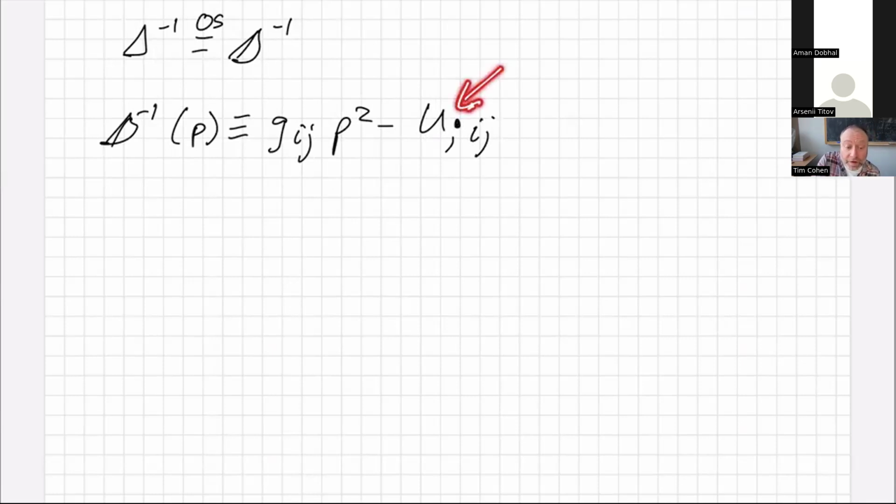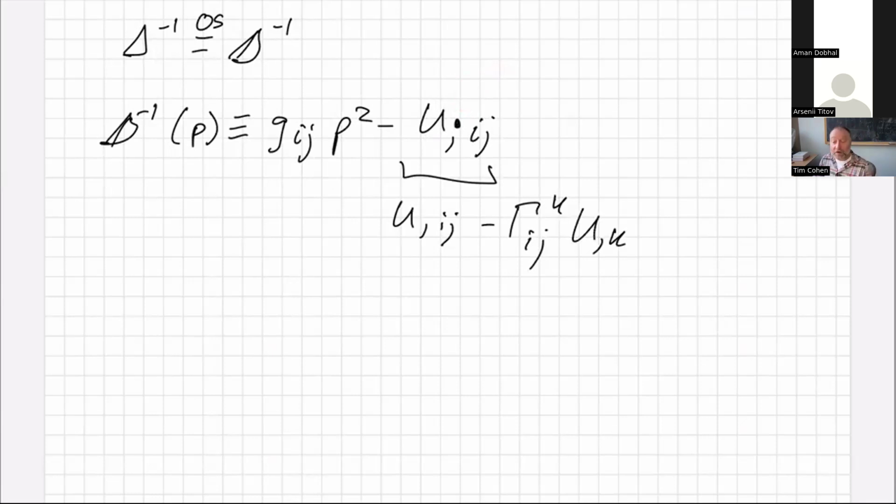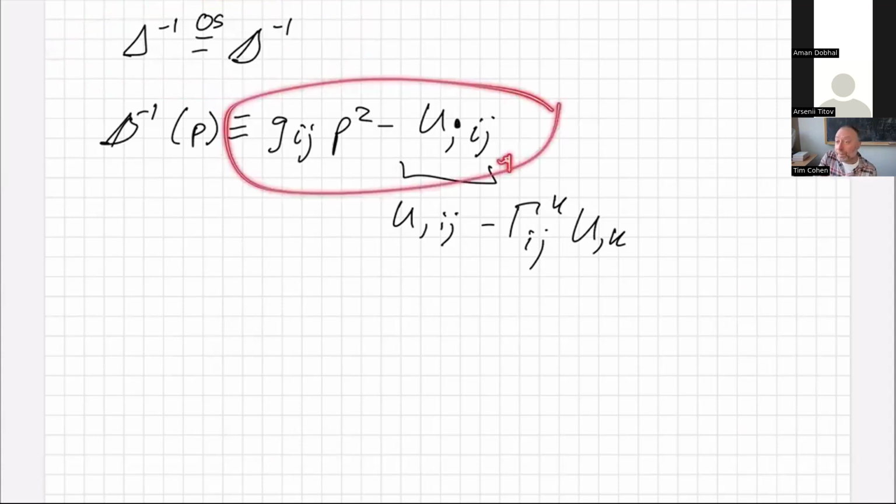This is now a covariant derivative, where this means U comma ij minus Gamma^k_ij U comma k, where this is just the standard Christoffel symbol. So the point is that the propagator is already on-shell equivalent to something that's manifestly geometric.